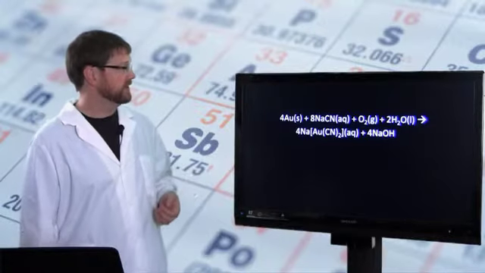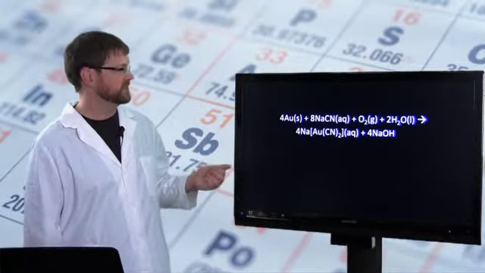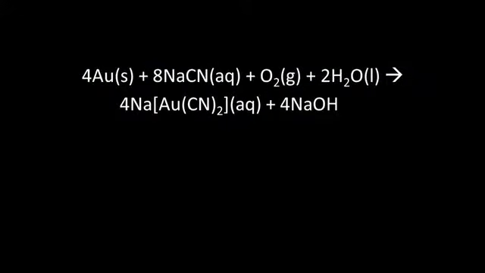The sodium cyanide reacts with the gold, forming a sodium gold cyanide molecule, which is soluble in water. The rock is then filtered away, and the solution is further purified to remove the cyanide, and you're left with just pure gold.